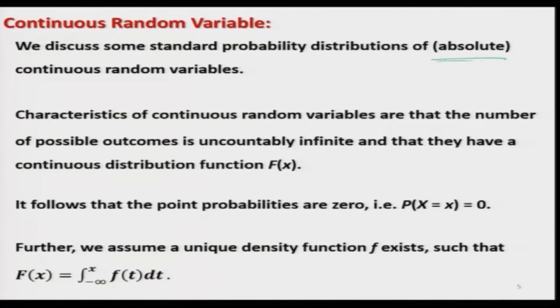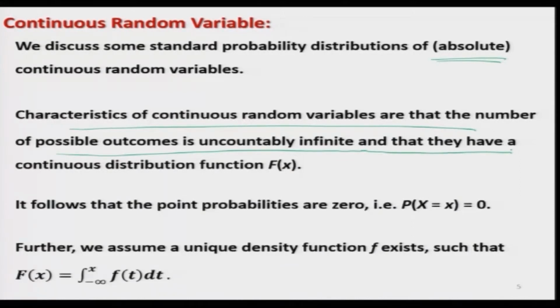Okay. So, now we discuss some standard probability distributions of continuous random variables, or actually absolutely continuous random variables. The characteristics of a continuous random variable are that the number of possible outcomes is uncountably infinite, and that they have a continuous distribution function capital F_X, the CDF.